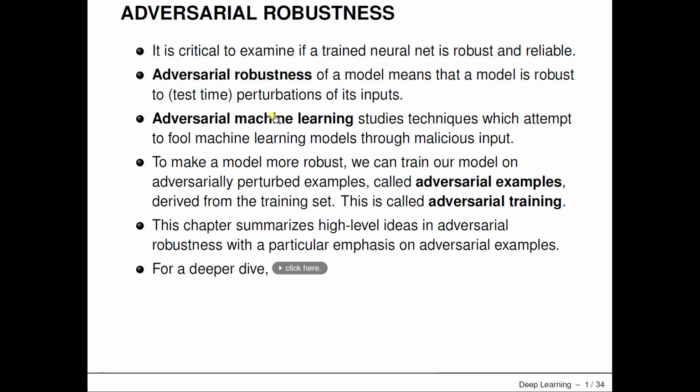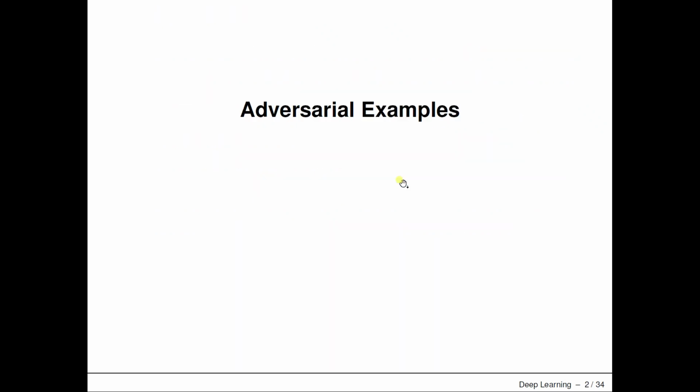Such perturbations are generated in a special way to ensure the failure, and adversarial machine learning is concerned with describing techniques for such generation. In order to protect the model, we can add adversarial examples to the training set and thus ensure that the model will know how they look like and the robustness will be improved. This is called adversarial training.